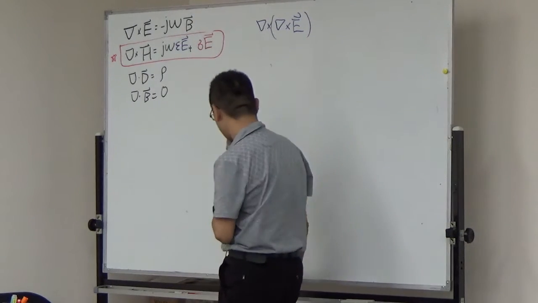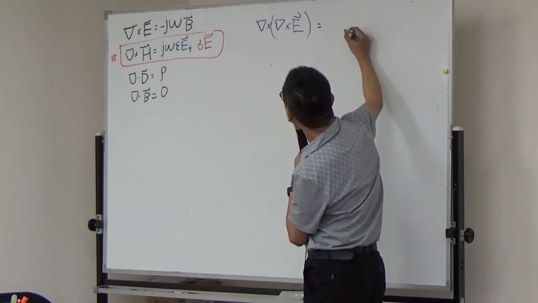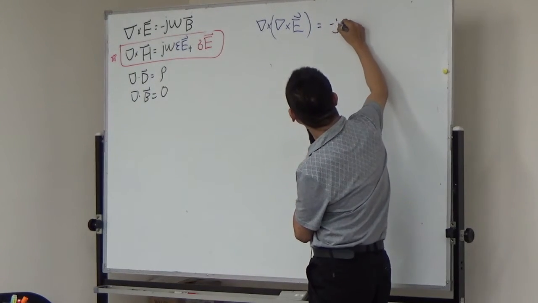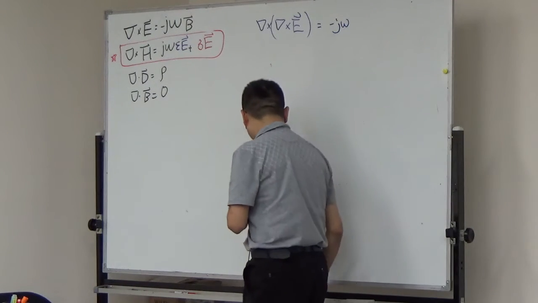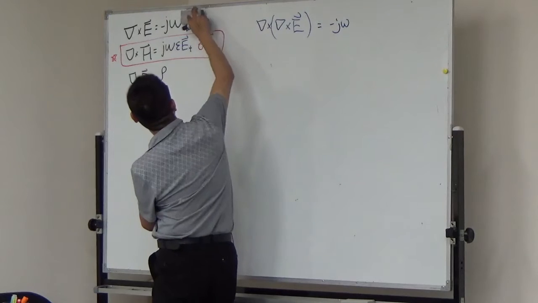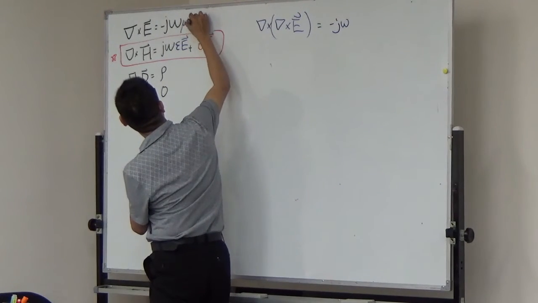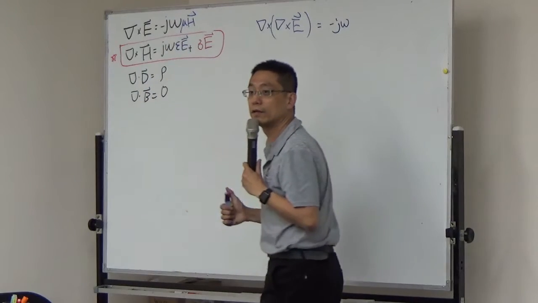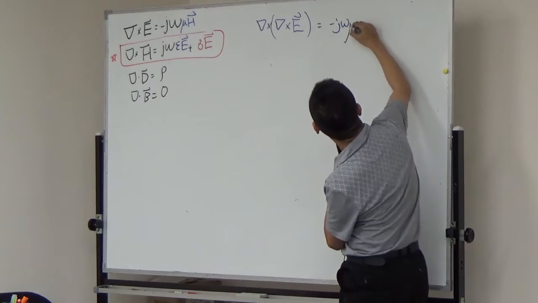This one will equal to minus j omega B, and B is mu H, right? Okay, so I take the second curl.